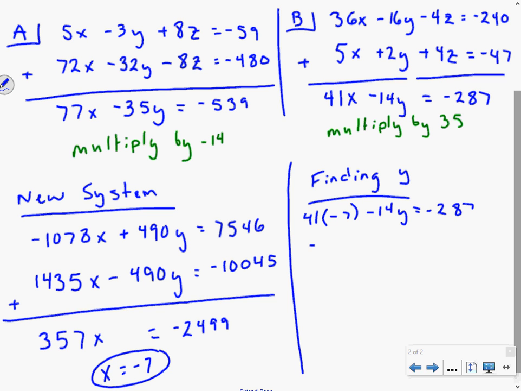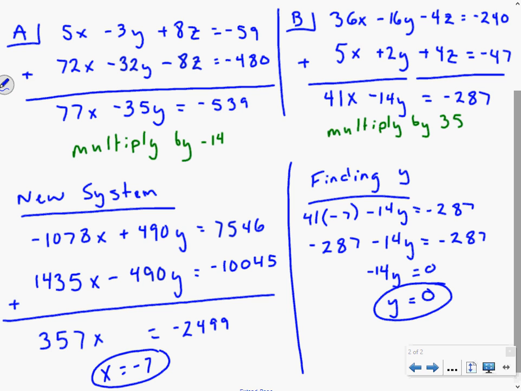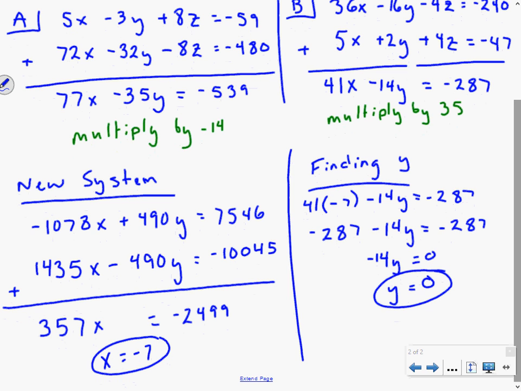That'll give us negative 287 minus 14y equals negative 287. If we add 287 to both sides, we get y equal to 0. So now we've got x, we've got y. It's just time to find z now.